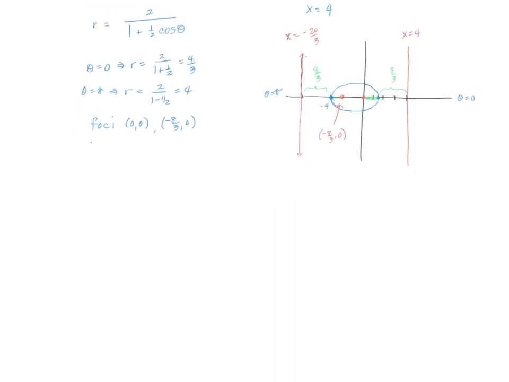So our vertices, one of those is this -4. And again, I'm not doing these in polar coordinates, I'm doing these in x and y coordinates. One of them was -4, 0, and the other one was 4/3, comma 0.